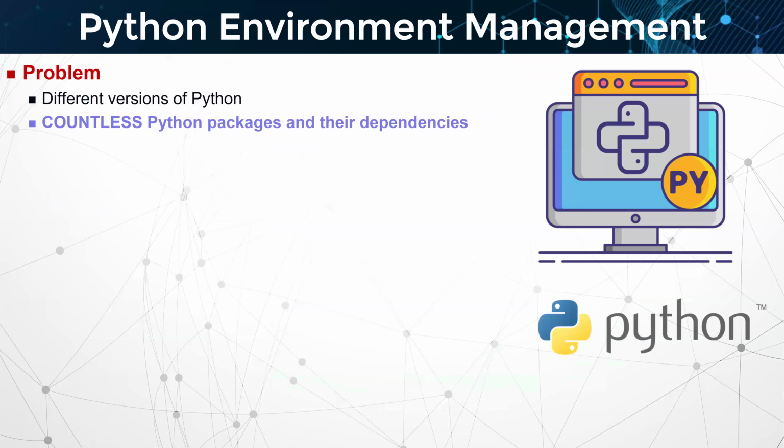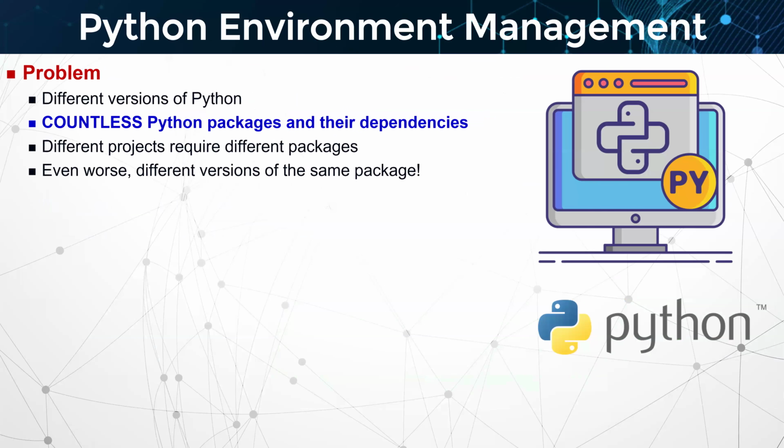So, what is the common problem with Python? We have different versions. We have countless Python packages and their dependencies and so on. And even we have different versions of the same package.